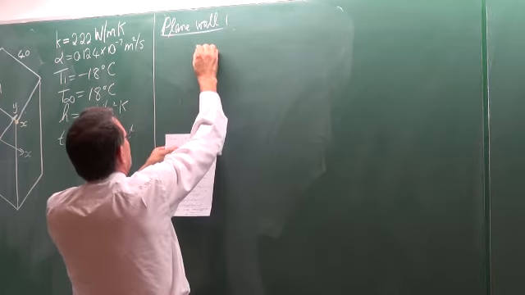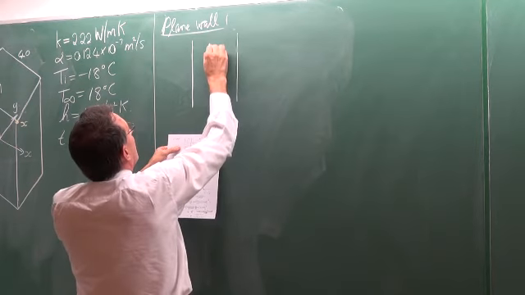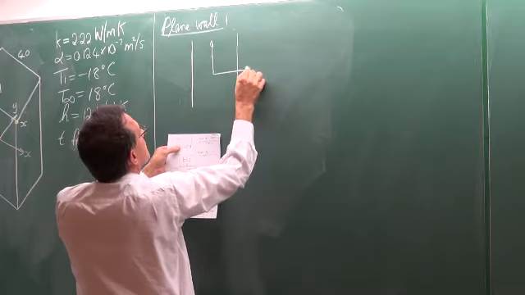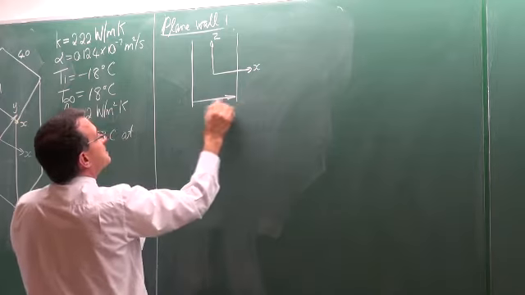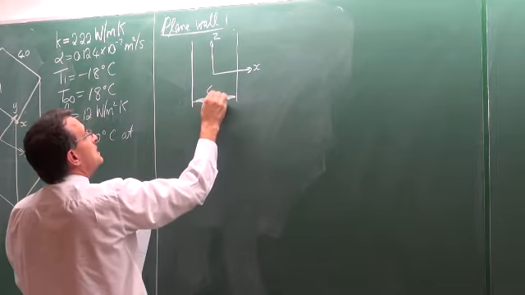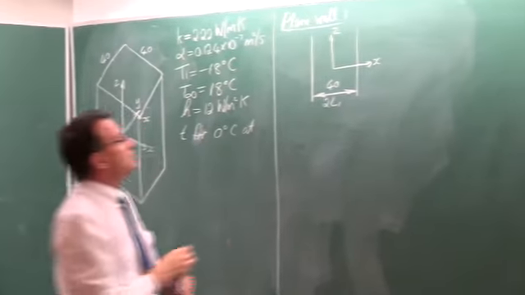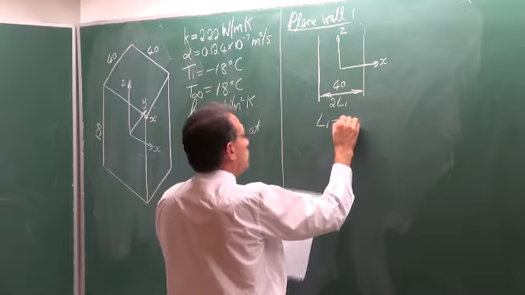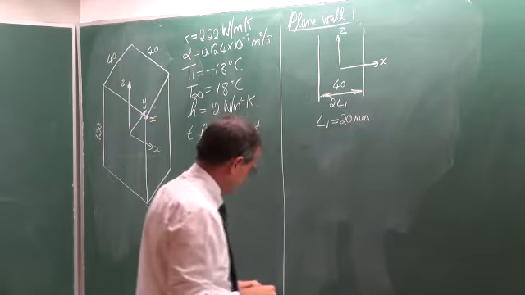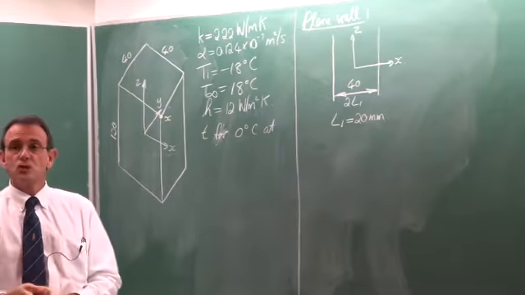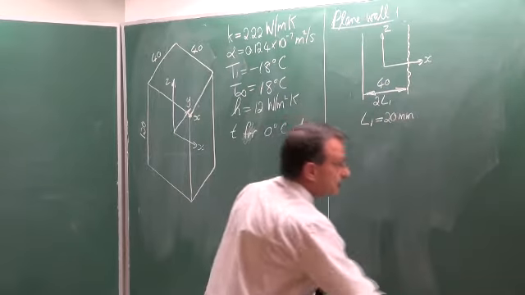This is the plane wall, and in terms of the coordinate system, there is Z and X, and that distance is equal to 40 millimeters, which is equal to 2L1, which means that L1 is equal to 20 millimeters. And the surface where we want the temperature would be on that surface there.